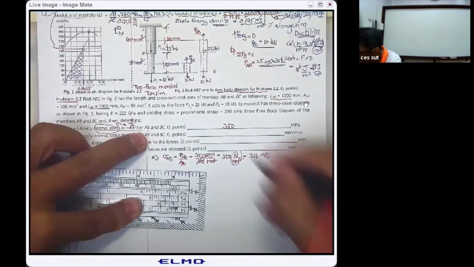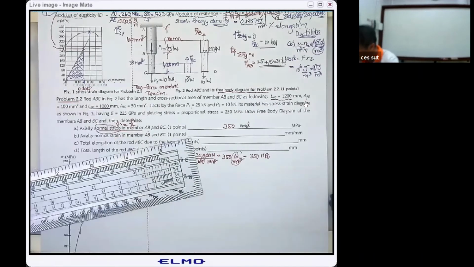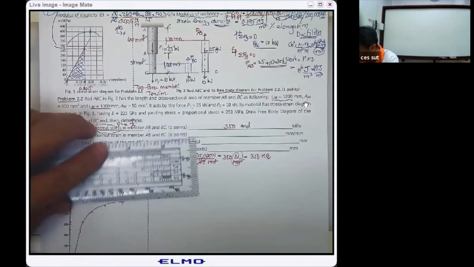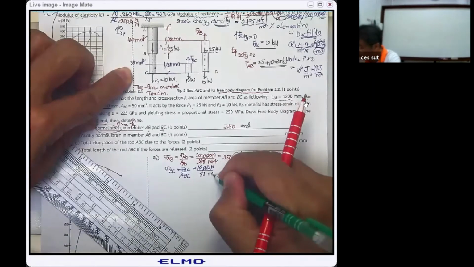And for the member BC, we have sigma sub BC equal to F sub BC divided by its area, A sub BC. So for this one, you have 10,000 Newton divided by the area of 50 square millimeter.